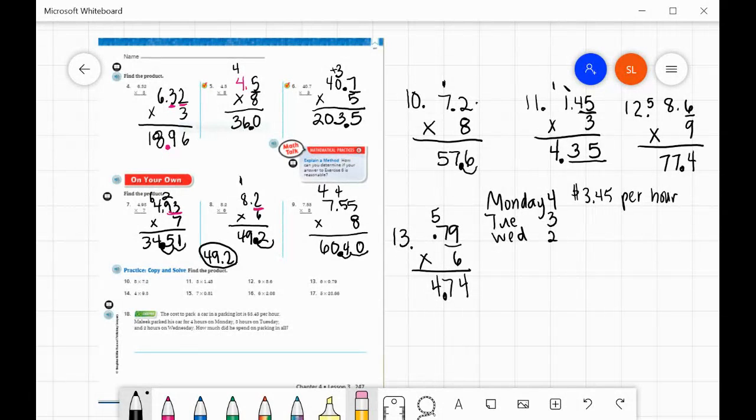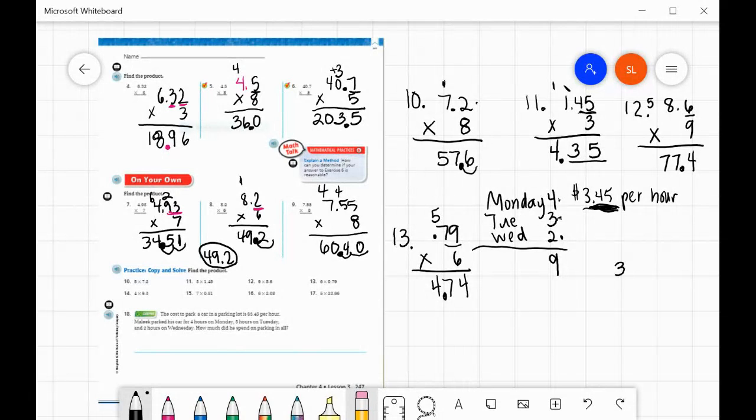So the first thing we have to do is figure out how many hours he parked. So 4 plus 3 is 7. Plus 2 is 9. All right? So we're going to take 9 total hours and multiply that times the amount per hour.